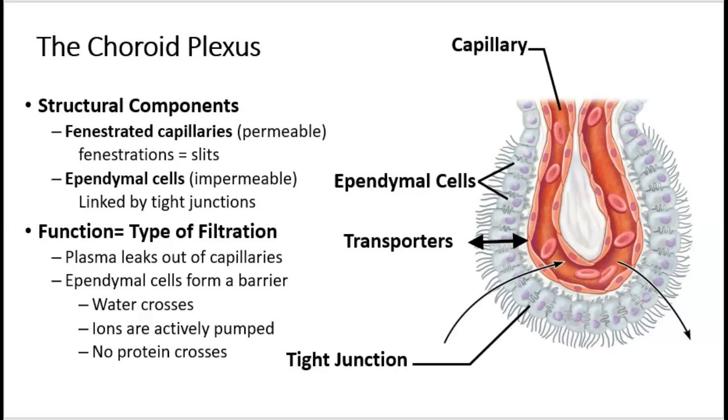So the choroid plexus performs a type of filtration of the blood, where plasma leaks out of the capillaries and then must cross the ependymal cells. Water crosses freely, very little if any protein can cross, and ions are actively pumped across the ependymal cells.